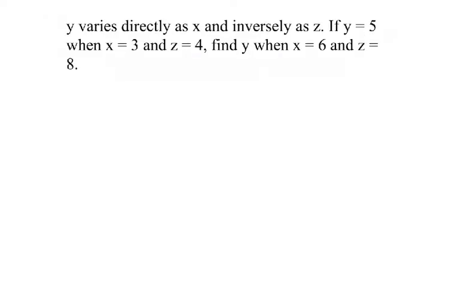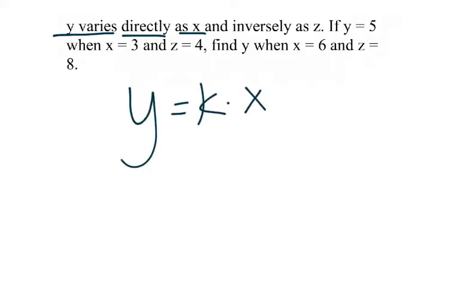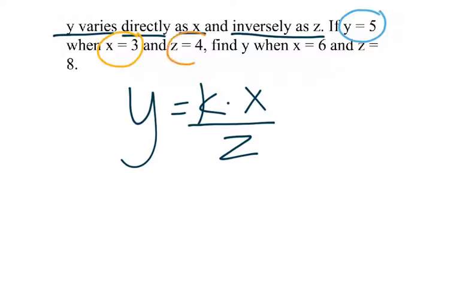Alright, so this one's a little bit harder, I think, sometimes. So Y varies directly as X, so direct variation looks like this, and inversely as Z, so divide by Z. Alright, so Y is going to be 5, X is 3, and Z is 4. So we're going to use that information, we're going to plug it in to find out what K actually equals.